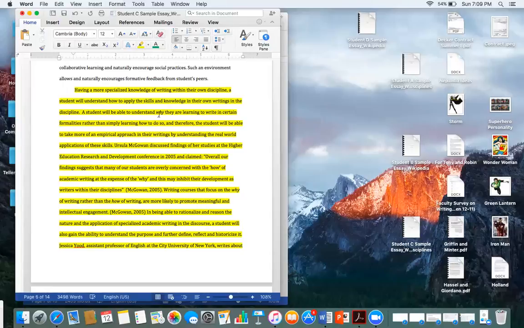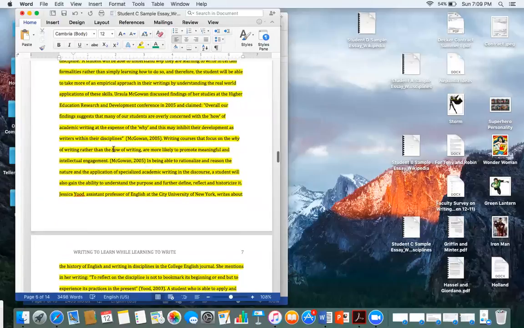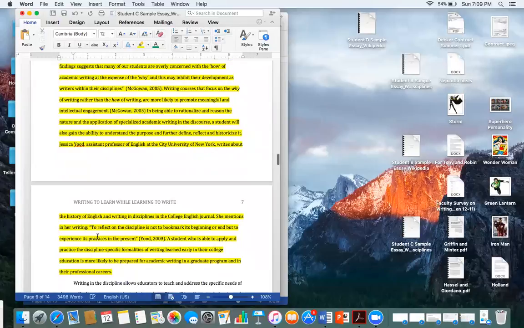This idea of the why and the how is supported by McGowan, this idea of how the why can be brought up through reflection is supported by Yude. And then the student really brings this together in this analysis that if we can get students in these specialized or discipline-specific writing classes, we can talk about the why more. Students can reflect on the why more, and that's going to help them really develop as writers, okay?